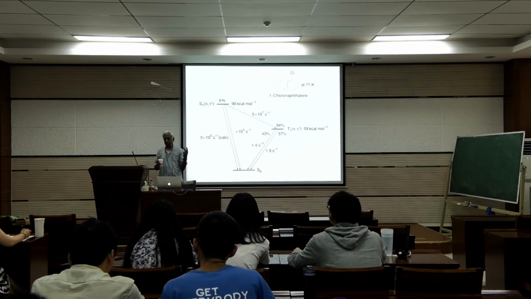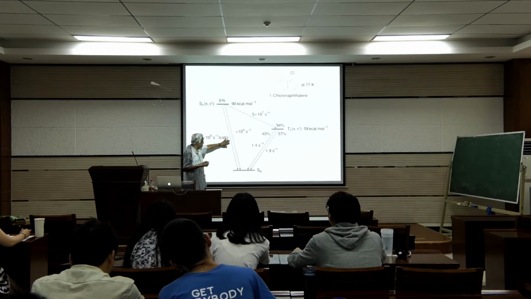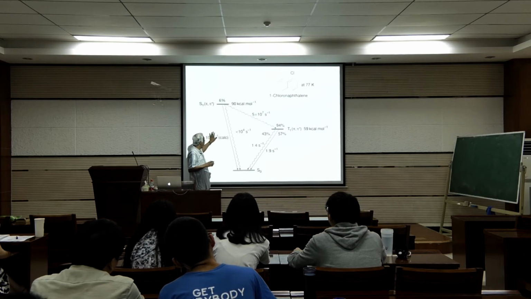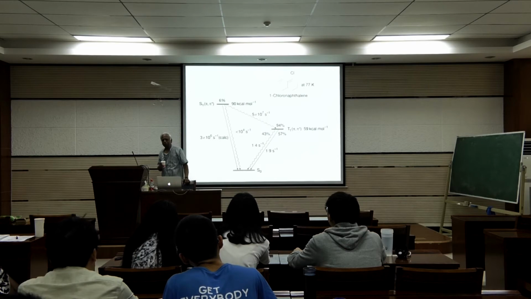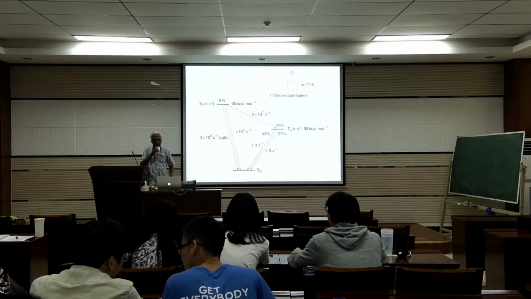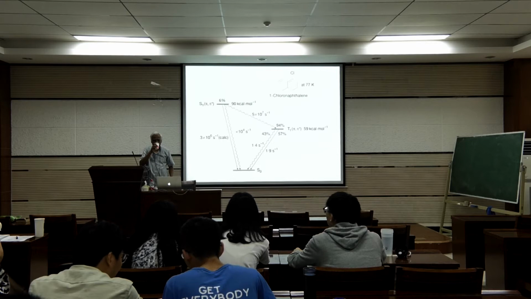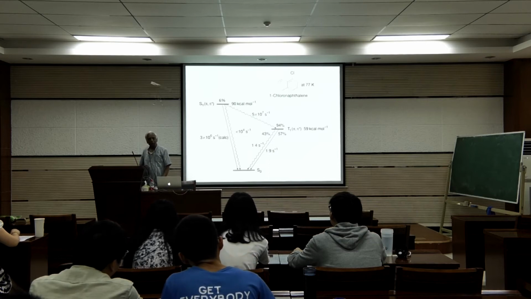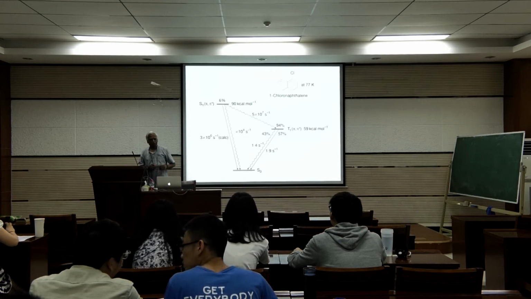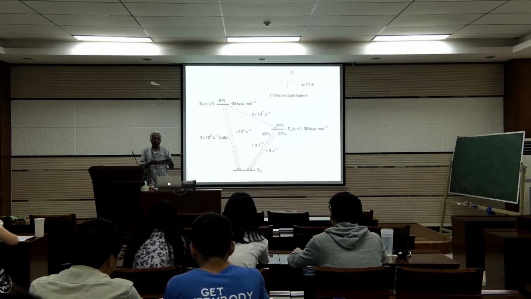Okay. So here we are comparing two things. One is the fluorescence, another one is radiationless transitions, and the numbers are here for these two. Okay. So tell me which one is more efficient. Okay.